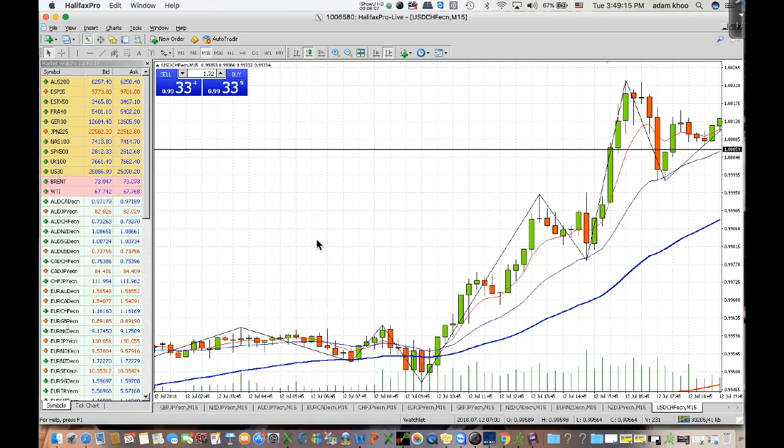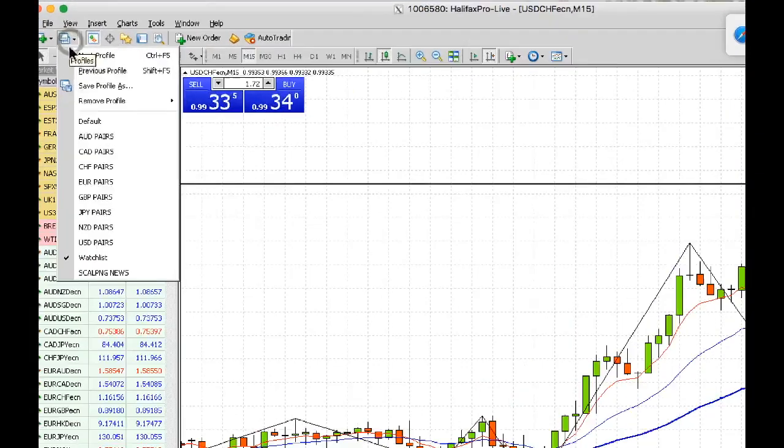The other reason why I organize it this way is because when I'm trading, I like to look at correlation between pairs. So what do I mean?